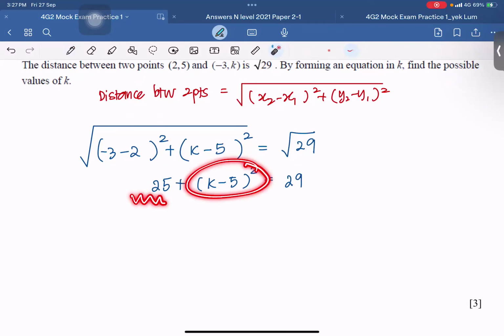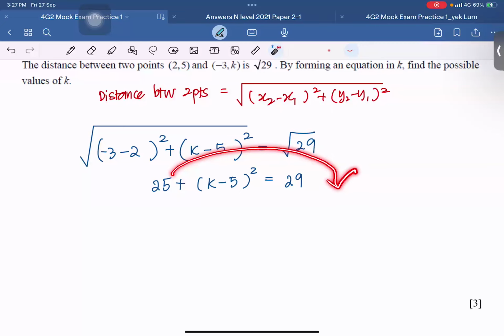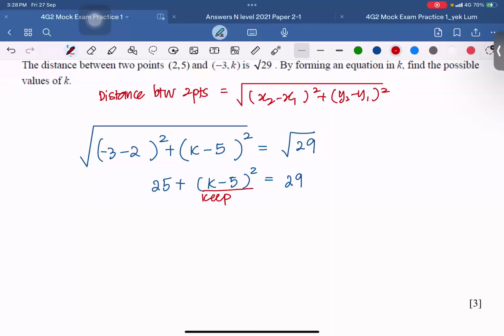What can I do to the number 25? I can shift it over, right? So for this portion, I keep, don't expand it. I shift this over. Then I get (k minus 5) squared is 29 minus 25, which is 4.